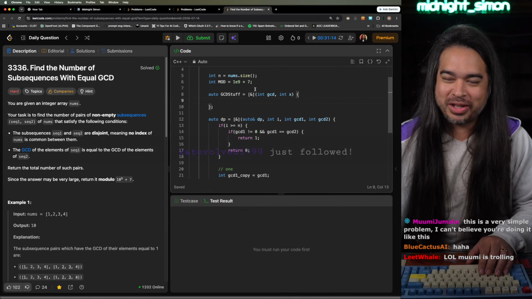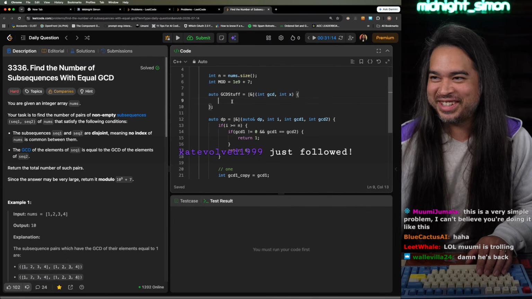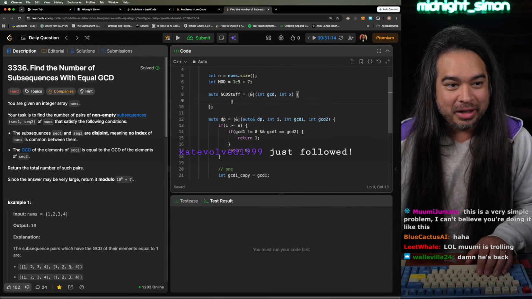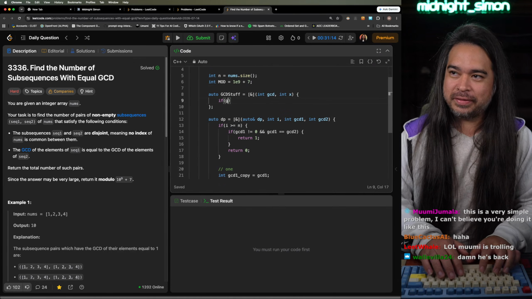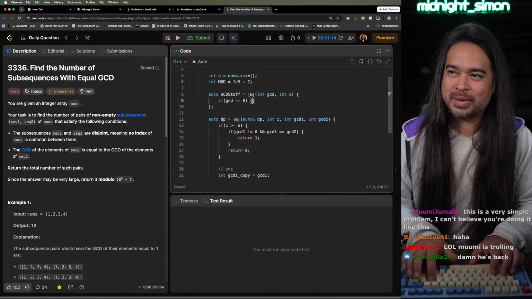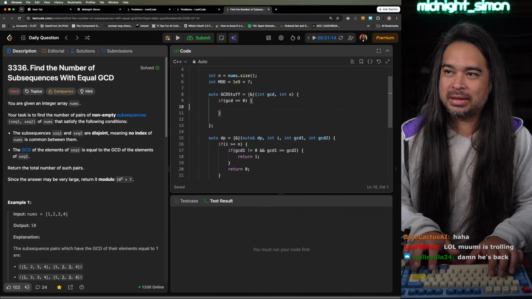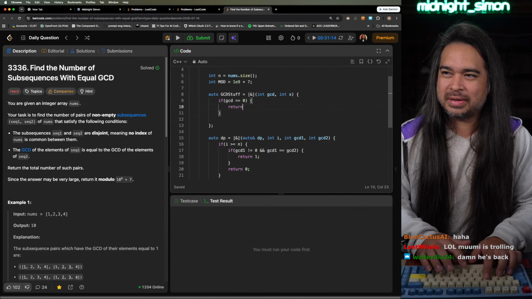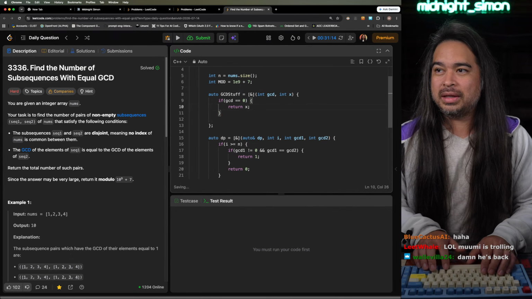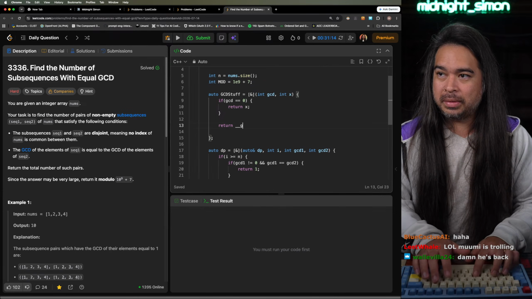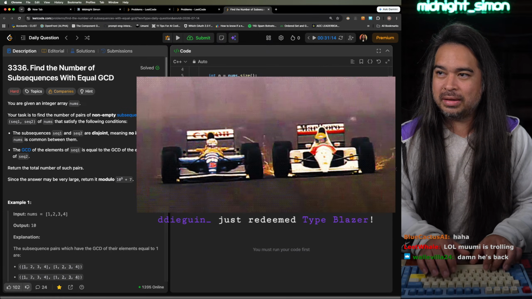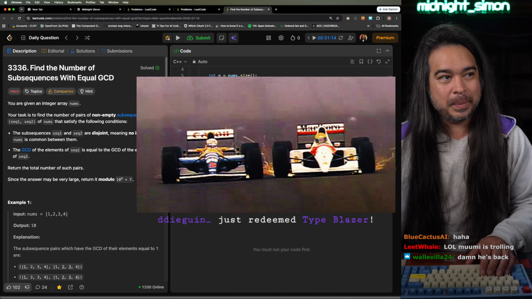Alright, so if GCD is equal to 0, that means we haven't really selected anything yet. So we should just return X. Yeah. But then if it's not 0, we do the GCD of those things.